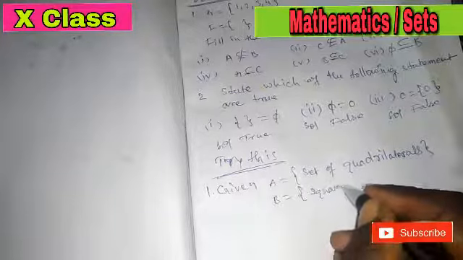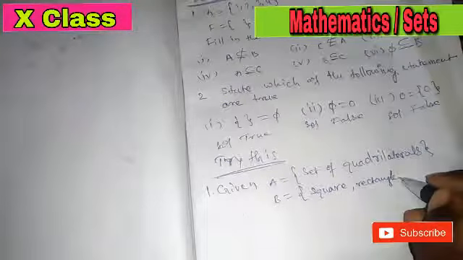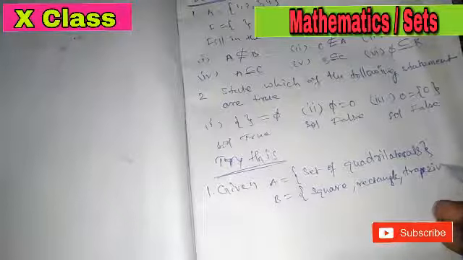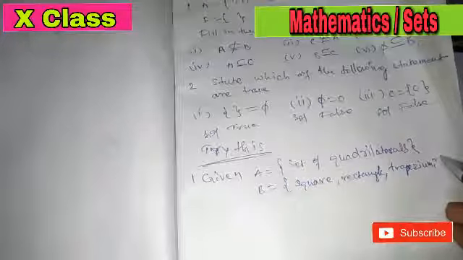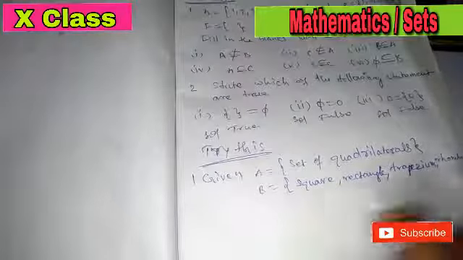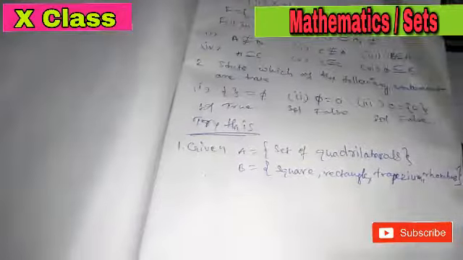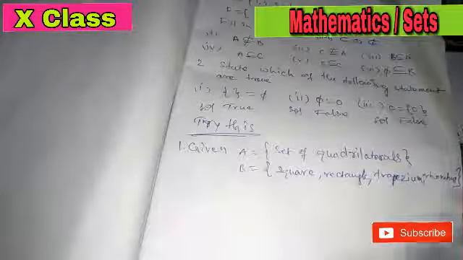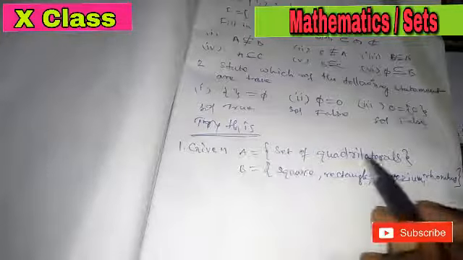Square, rectangle, trapezium, rhombus. So B is square, rectangle, trapezium and rhombus.